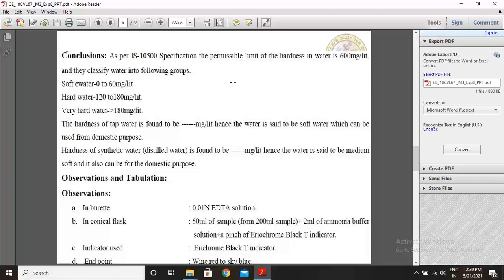Then the hardness of tap water is found to be this much milligram per liter, hence the water is said to be soft water, which can be used for domestic purposes. So this comment is based on the results.